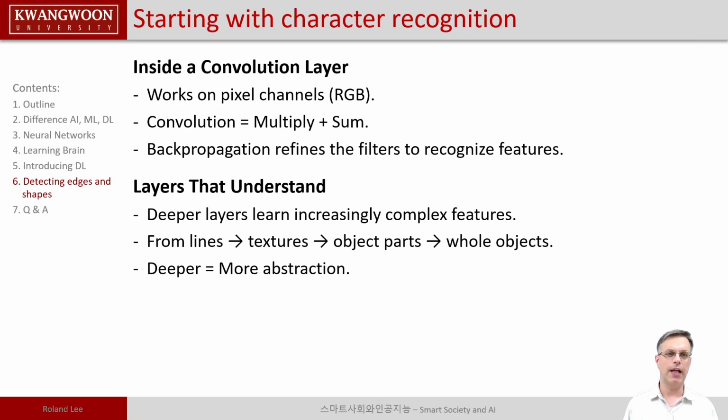To understand how convolutions work, you start from the input, which is an image composed of one or more pixel layers called channels, using values from 0 to 255.